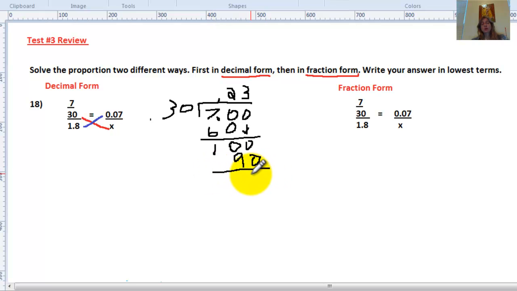So no matter what we do, we're going to keep getting 10, and then adding a 0 to it, getting 100, because we bring it down, and we'll get another 3. So it's a repeating decimal, 0.233 repeating.